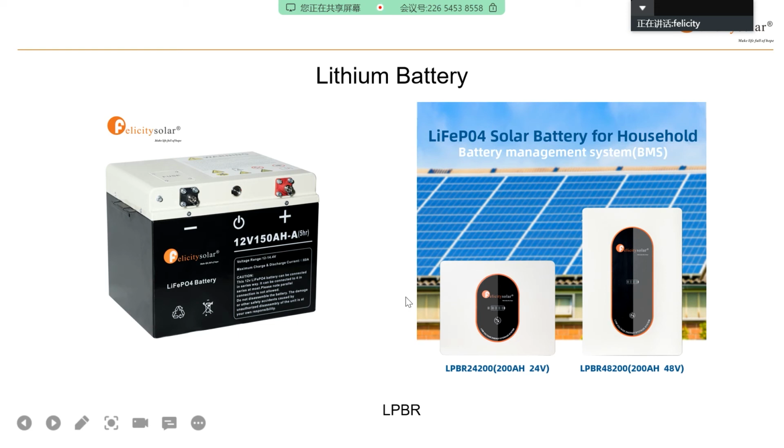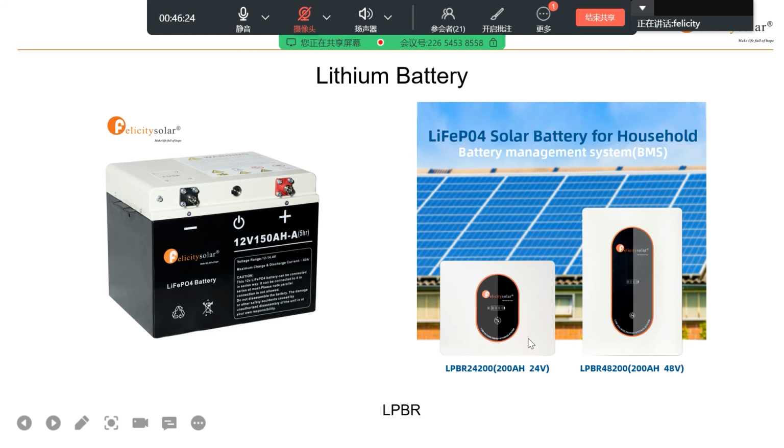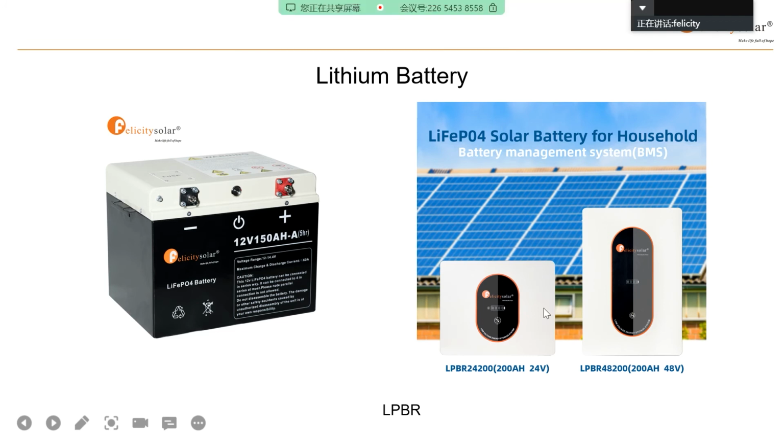For the 24 and 48 volt, you can only do parallel connection; series connection is not allowed.